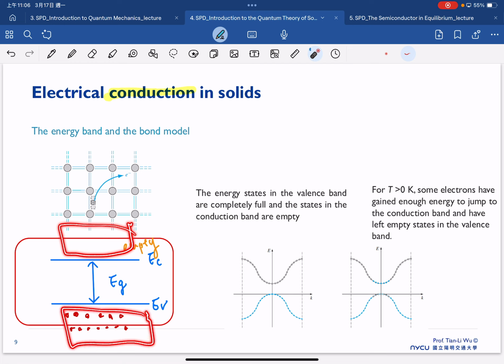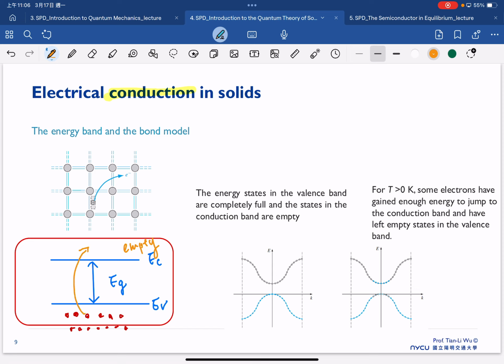So in the end, if the electron can cross the forbidden band, that's the band gap, and reach the other side, this will cause the current to flow.